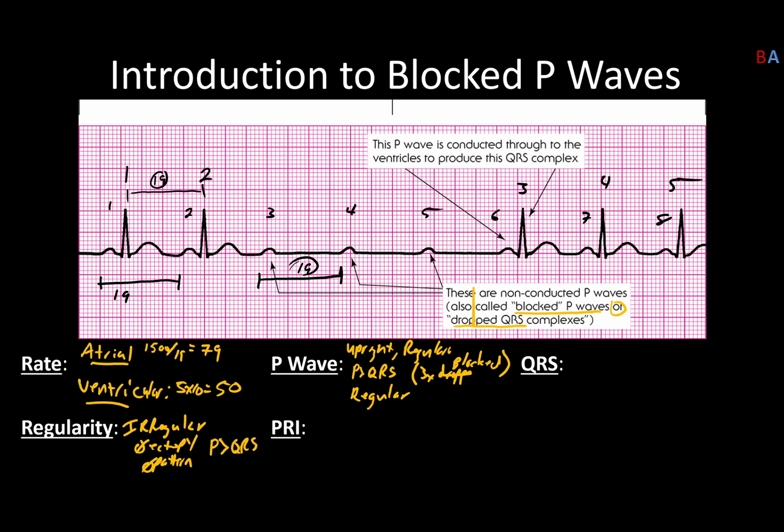As for the PRI, to measure that out, we will go ahead and use beat number 3 and 4. Those should work out pretty well, because beat number 4 has a PRI that starts on a solid line and essentially ends on one. And that's perfectly normal, because I measured that at 4 small boxes. So that's good. As for the QRS, that's uniform when they happen.